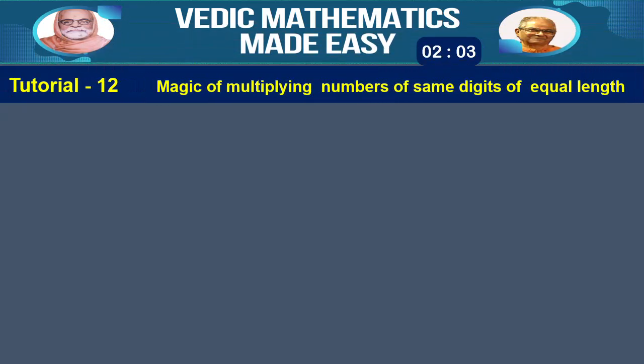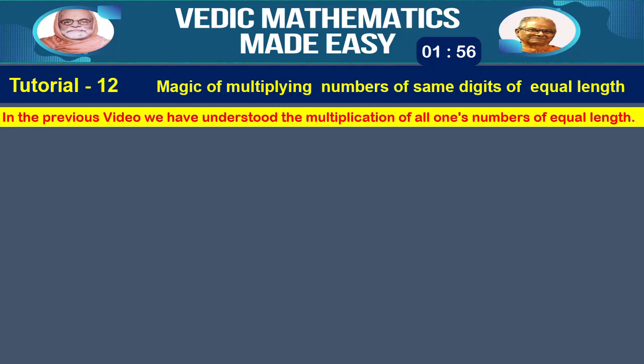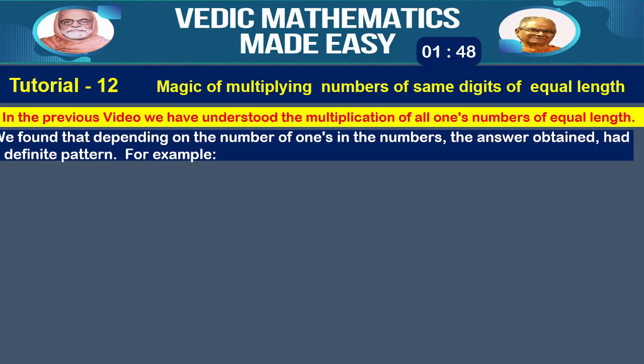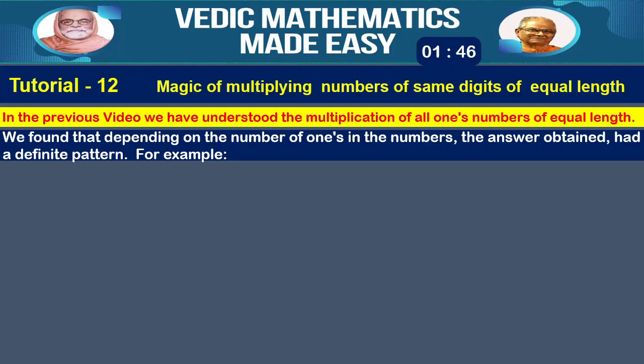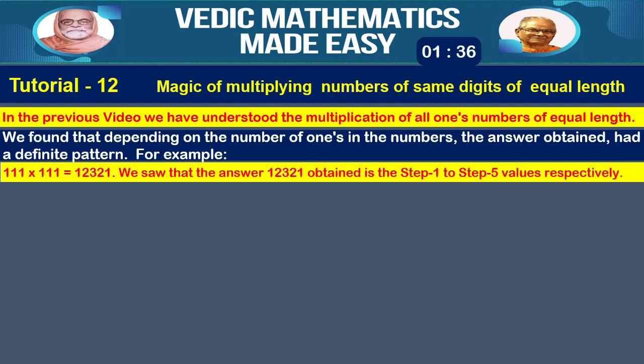Friends, in the previous video, we understood the multiplication of all ones numbers of equal length. We found that depending on the number of ones in the number, the answer obtained had a definite pattern. For example, 3 ones into 3 ones is equal to 1, 2, 3, 2, 1.